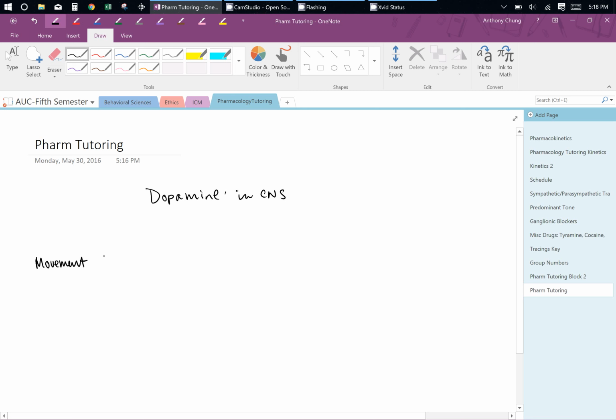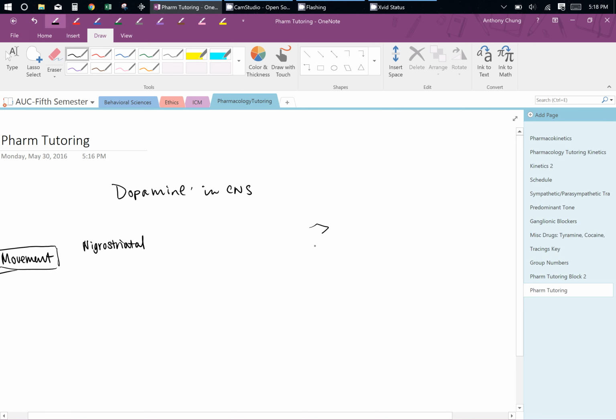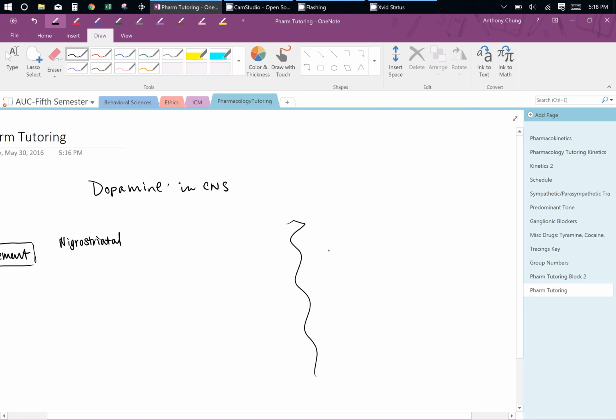So this is basically the nigrostriatal pathway. That would be involved in movement. And there's another part that is involved in the CNS, and that's having to do with emotions.